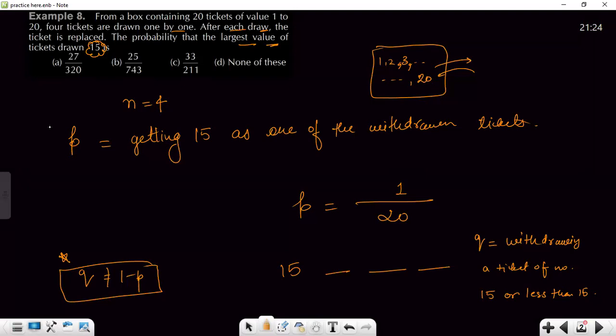We have considered 20 in the denominator still. But we are excluding some outcomes as our favorable or unfavorable. So that's why Q is not equal to 1 minus P here. If that is clear, the question is very cakewalk now.